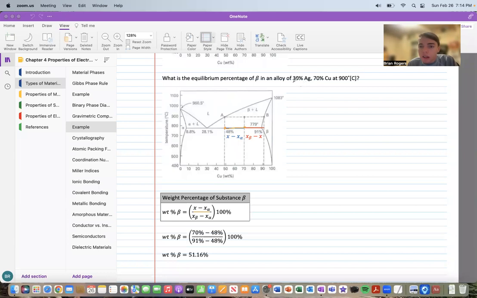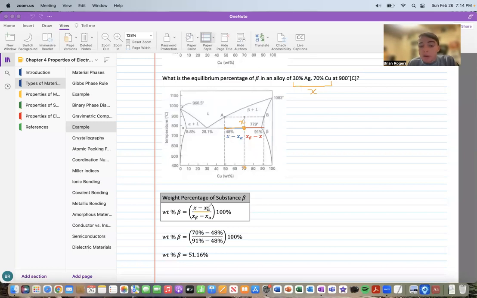Here we have our 30% of our minority element and 70% of our host ingredient element. So here is our x. That's the composition amount of each. We're at 70% of copper, so this point right here refers to my x.